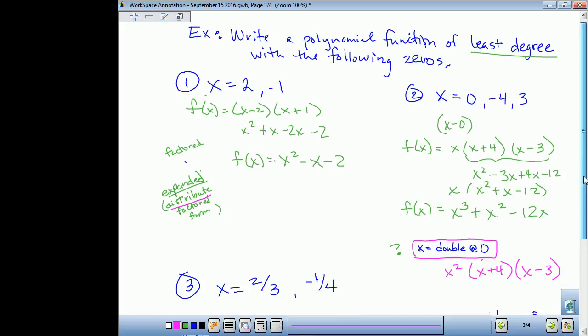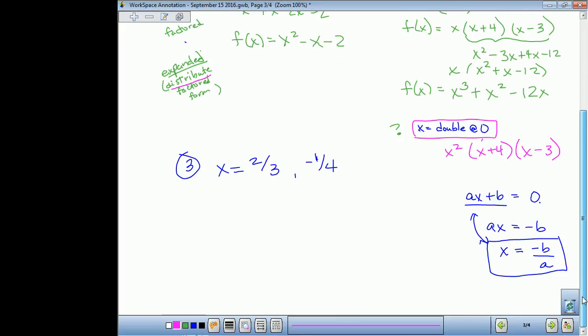Okay. Now, number 3 is where everybody needs to pay attention, even those of you that are trying to work ahead on the homework. Number 3 has fractions, which aren't a big deal. When we start with this, how did we get this answer? Well, we took the factor, set it equal to 0, and solved. So we can just go backwards.